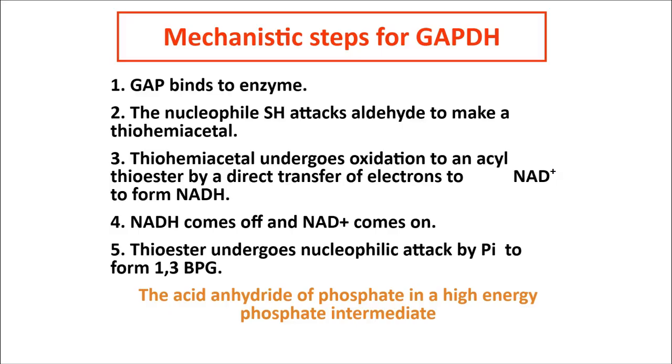And then from there, the NADH goes off and the NAD+ comes in along with the inorganic phosphate, which does a nucleophilic attack onto the thioester and thus releases the 1,3-bisphosphoglycerate. And now the enzyme is brand new again and can start this process all over again.